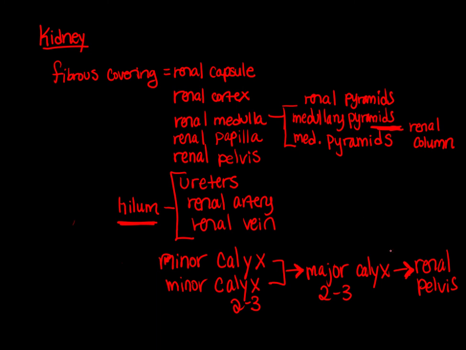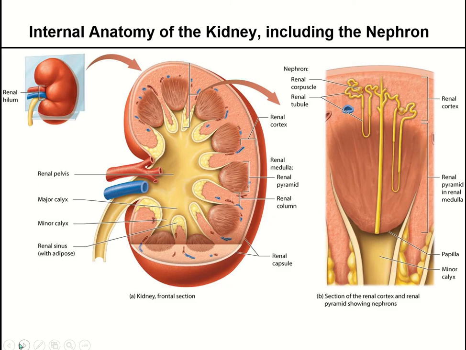So the key there will be to try to look at whether it goes directly to the renal pelvis or whether 2 or 3 minor calyces merge into a major calyx before it drains into the renal pelvis. So let's take a look at what that looks like.